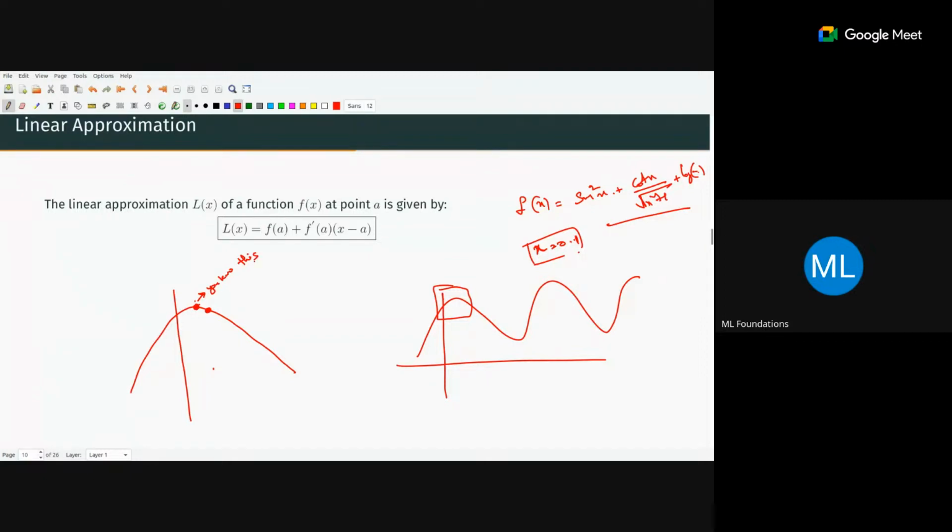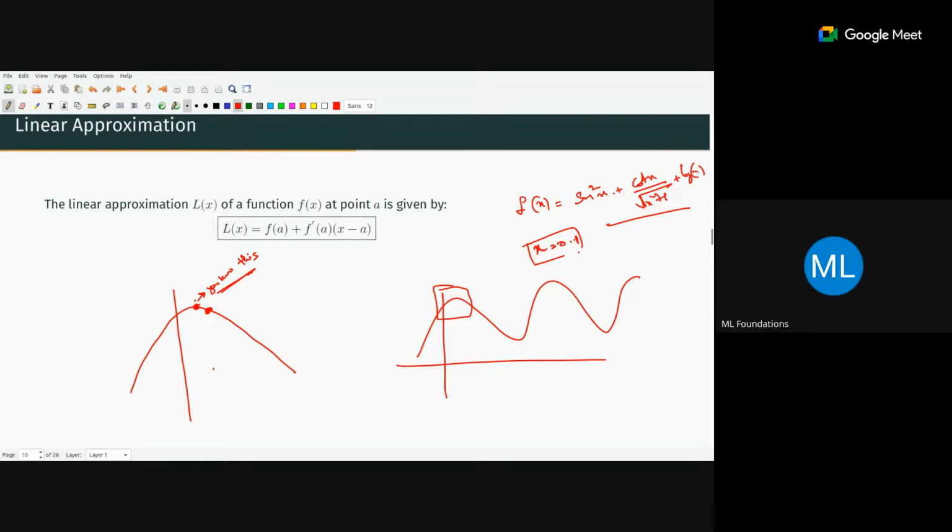So now it is up to us whether I can use this knowledge. Whatever data I have, can I use it to approximately find the function value at this point with some error, or am I not allowed to approximate at all? If you are not allowed, then we cannot use linear approximation.